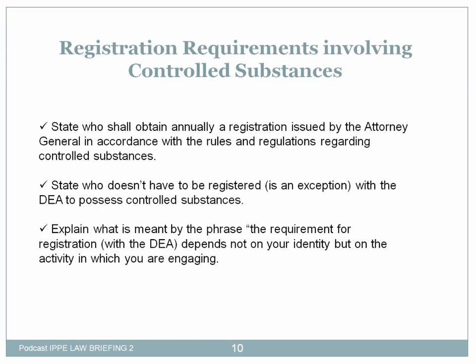Another exception, in subsection 3, says that an ultimate user who possesses such substances for a purpose specified in section 102, that is, a therapeutic purpose, need not register. So patients don't have to register with the DEA.